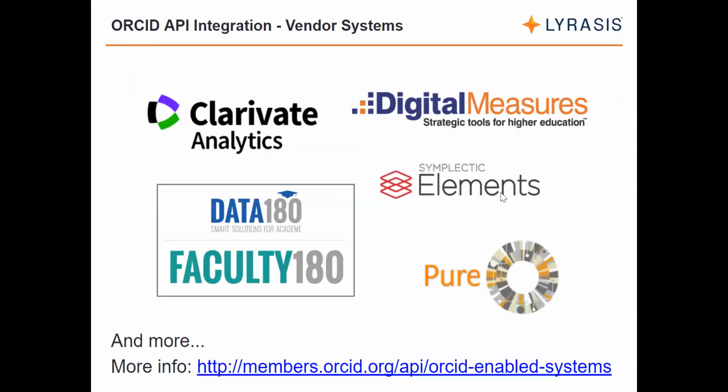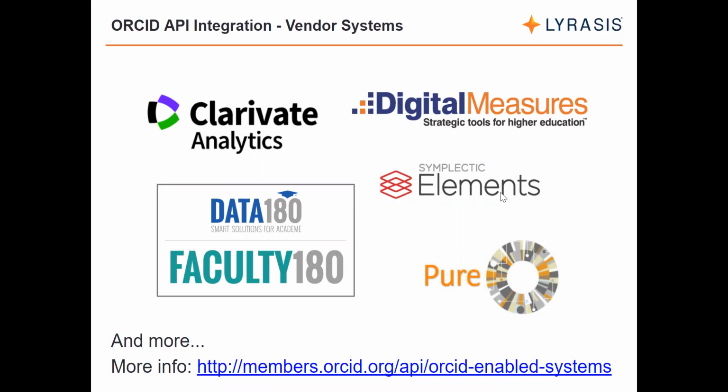Okay. And this slide on that note shows a handful of common vendor systems that have ORCID functionality already built in, where you can just request production credentials directly. And again, for these systems, you can skip the sandbox credentials and just get your production credentials to turn on the functionality in these vendor systems.